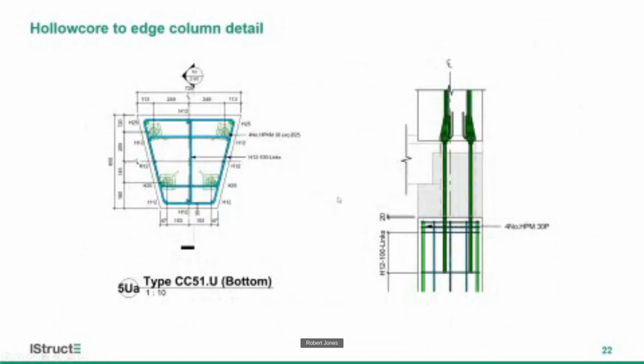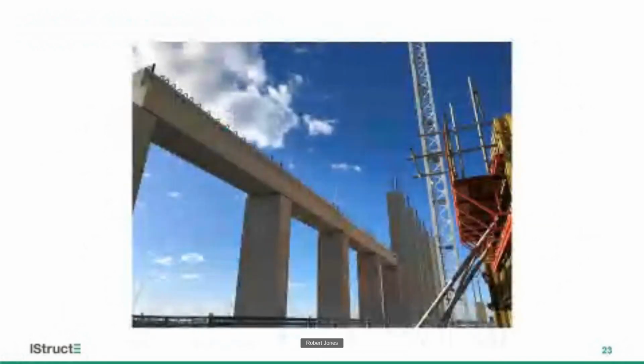Then during construction, we realized that the hollow core needed to be a straight edge there to get sufficient bearing onto the surface and a continuous surface through there. And so once Keith and his team were on board, they were able to justify pushing the column rebar back to allow that interface through to happen. But that could only really occur once they were on board and we could work through those interfaces.